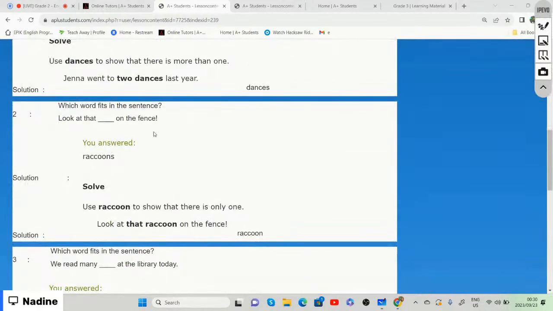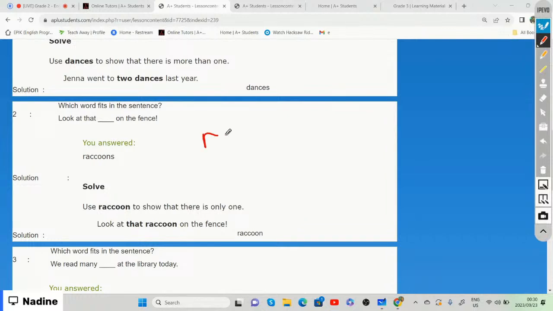Look at that raccoon or raccoons on the fence. So do we say raccoons or raccoon on the fence? So if we're making mention of that, right?